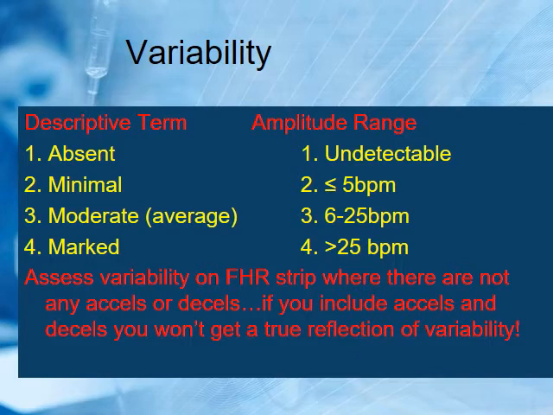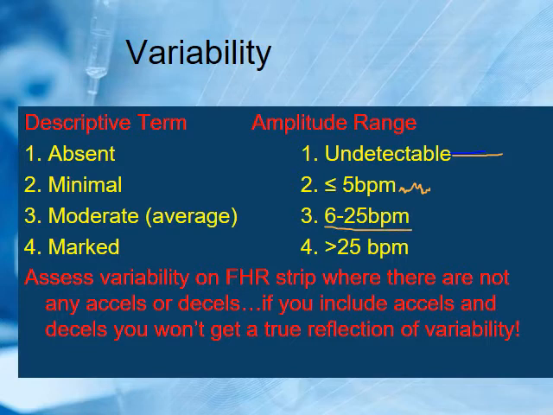The variability, the descriptive terms: absent means there's no change. It's that straight line. Minimal, you saw that. It's less than or equal to 5 beats per minute. It changes, but not a whole lot. That's more moderate, guys, seriously. Moderate is 6 to 25 beats per minute.